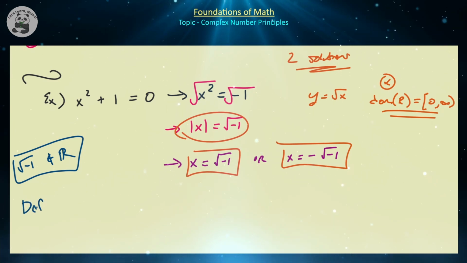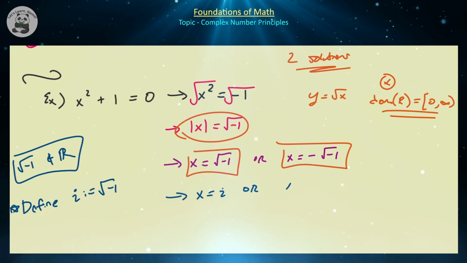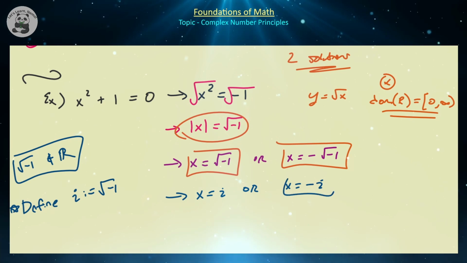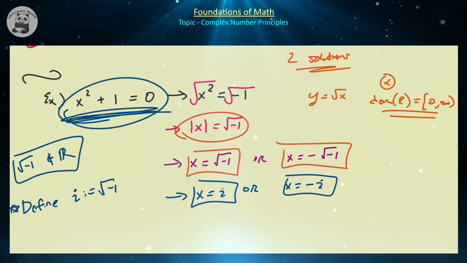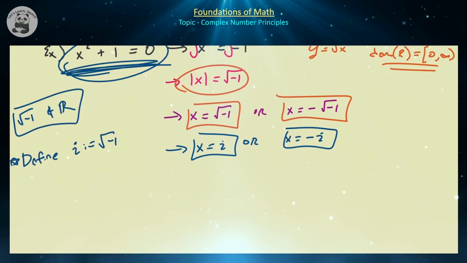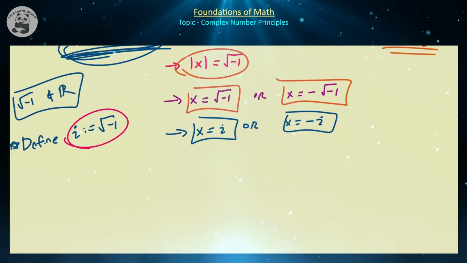So this is what motivates the definition of a new number. In particular, we're going to define this number I to be equal to the square root of minus 1, and then we're going to have that x is going to be equal to I as the first solution, x is going to be equal to minus I as our second solution to this quadratic equation, right? So we have that the square root of minus 1 is equal to I, so you can actually get quite a few interesting relations out of this.